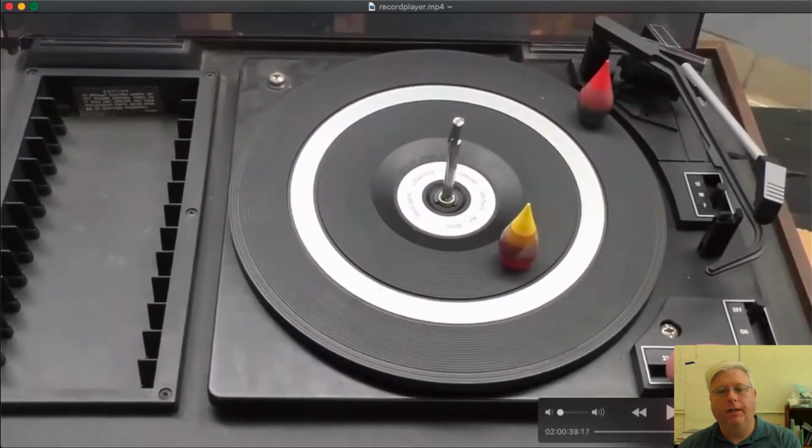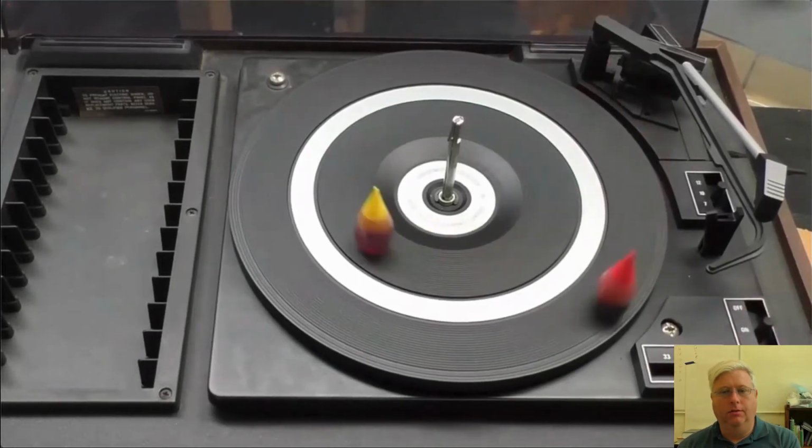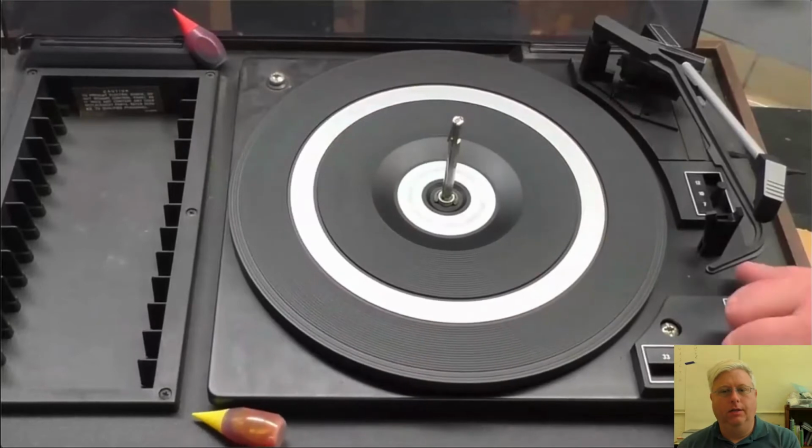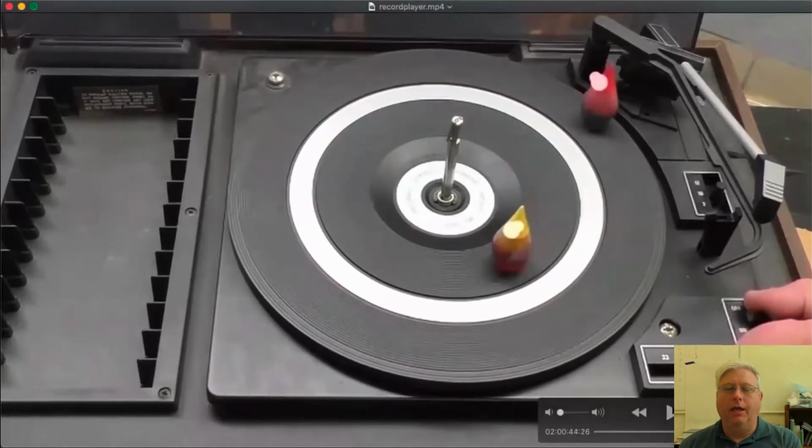Okay, and then finally, I'm gonna use the highest speed, and we'll see what happens here. All right, and what happened? They literally flew off on a tangent. They went off on a tangent.